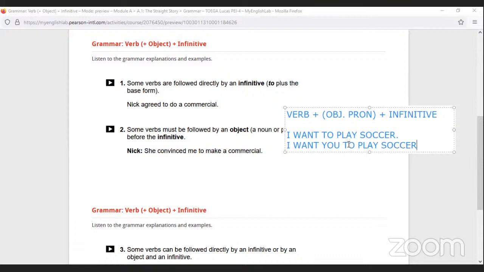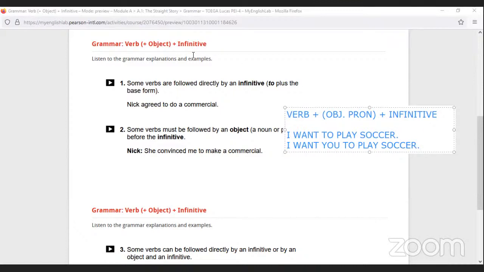So this is my infinitive, right? To plus the verb in base form. So always I have to put this, not only play. I want you to play soccer. So I have these two ways. The first way, where I am going to do my activity alone, and the second with the object, when I want another person to do this activity. That is the only thing.